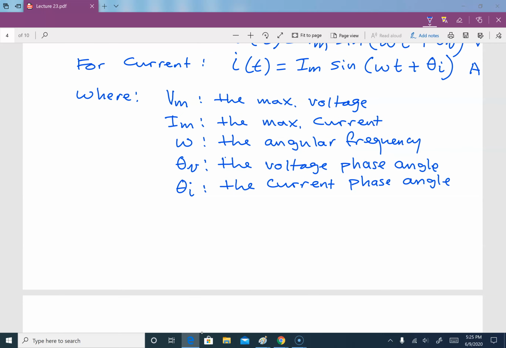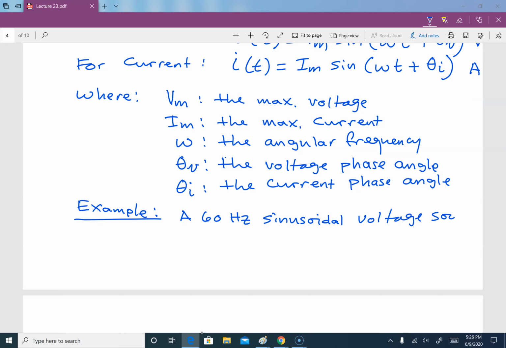So let us take an example here. We would like a 60 hertz sinusoidal voltage source that has a maximum voltage of 170 volts.